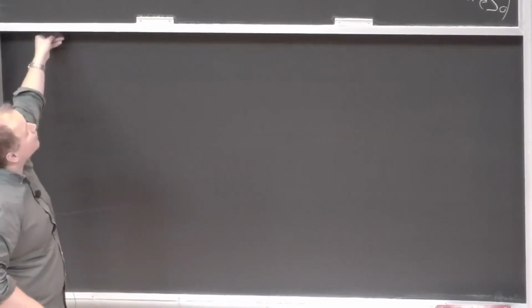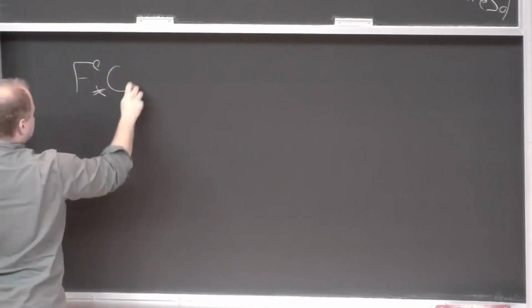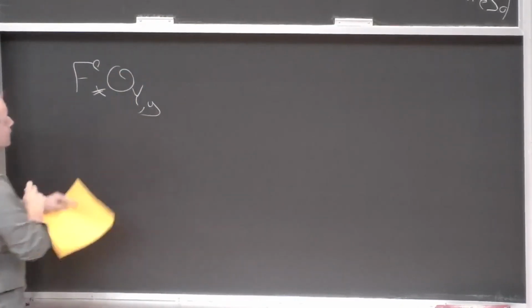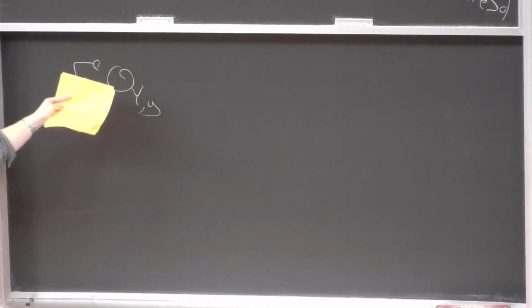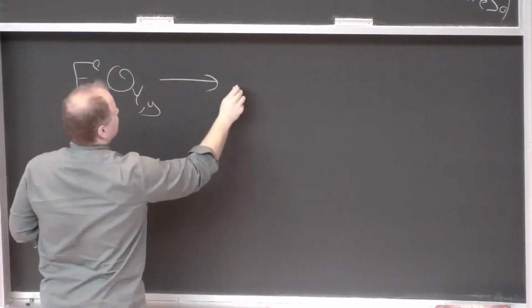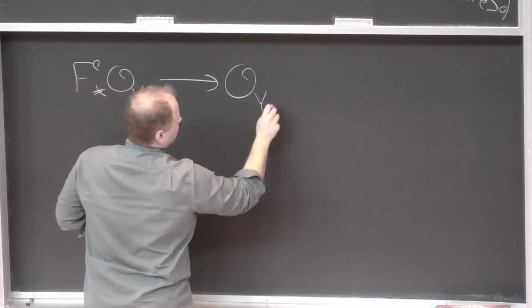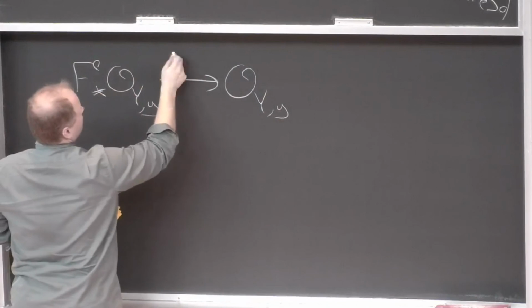The first thing I want to point out here, and maybe I'll write it on the clean board to start, is that if I'm locally free, then if I look at a stalk, this is a free O_Y module. And so there are going to be lots of different projections onto various summands of the stalk.